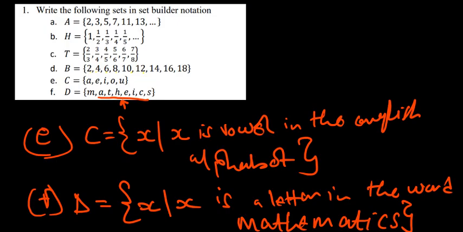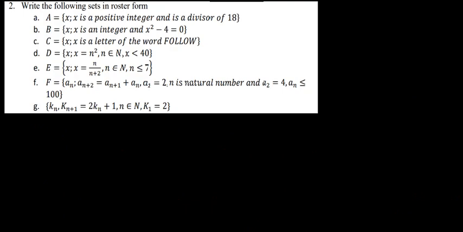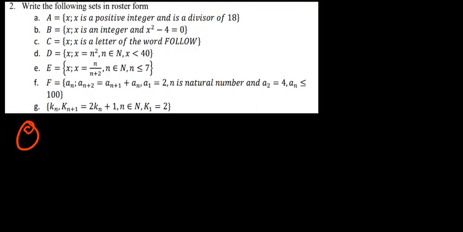All right, so let's look at the second question, which is this one. In this one now we are coming from the set builder notation form to the roster form. So we are listing. So set A, they're saying write the following set in roster form.